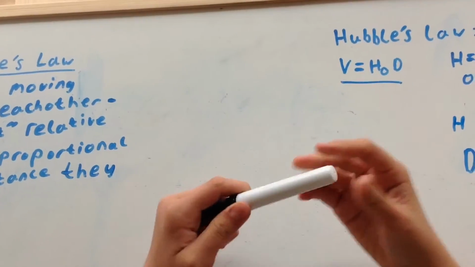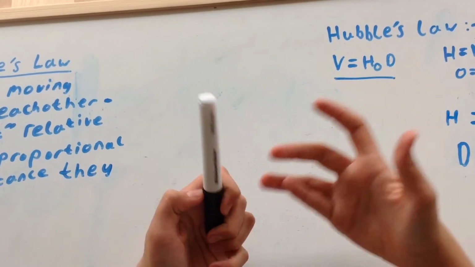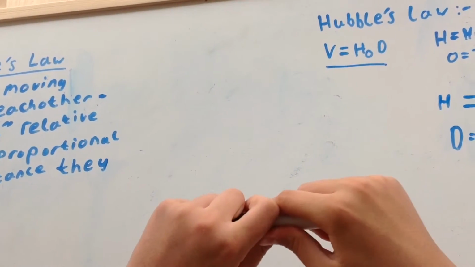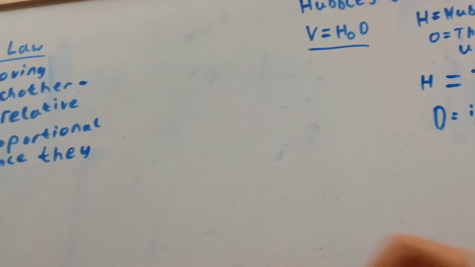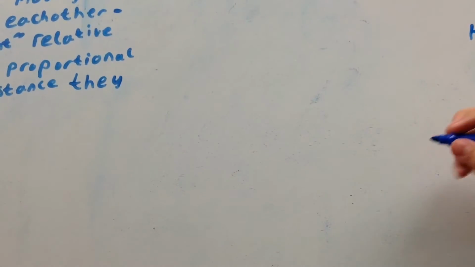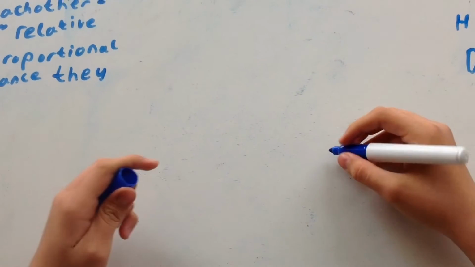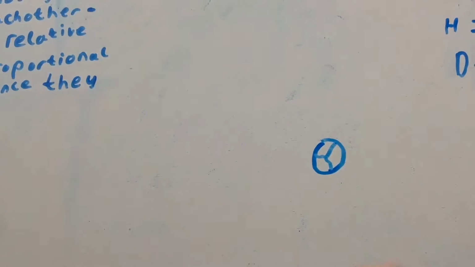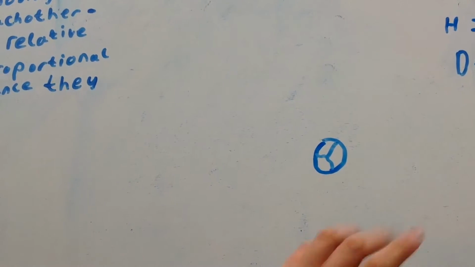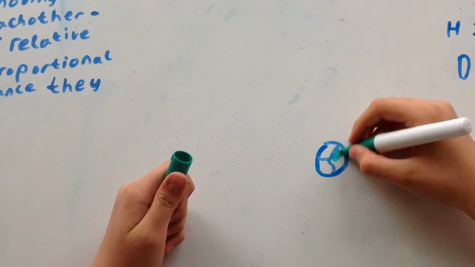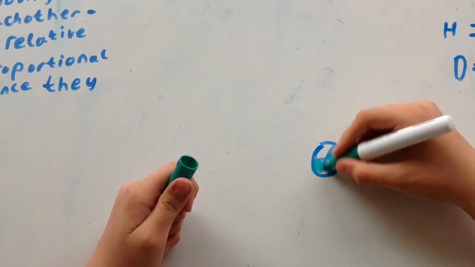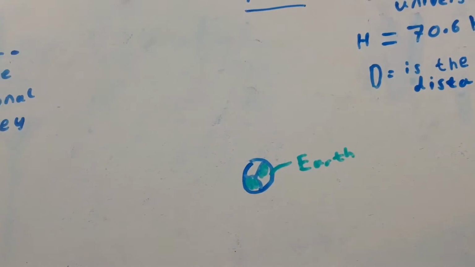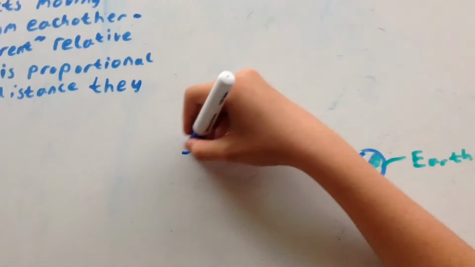Okay, so I'm going to show you how Edwin Hubble found out this occurrence. Edwin Hubble realized that between us and the further galaxies, he saw that the galaxies were turning red. I'm going to say this is Earth, and let's say this is a distant galaxy.